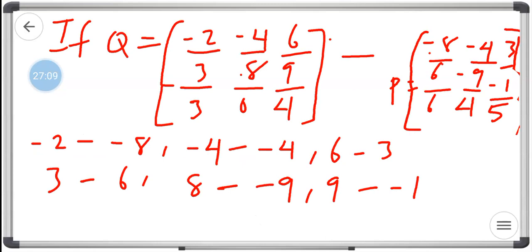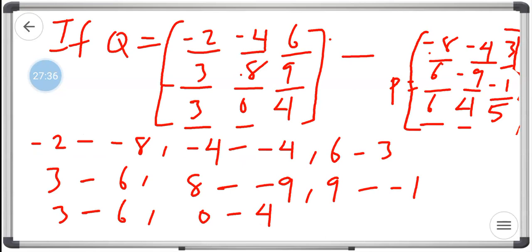Now to the next row, that is row 3. A31 here, that is 3, we are subtracting A31 here, that is 6. The next one, A32, that is 0, we are subtracting A32, that is 4. That's 0 minus 4.